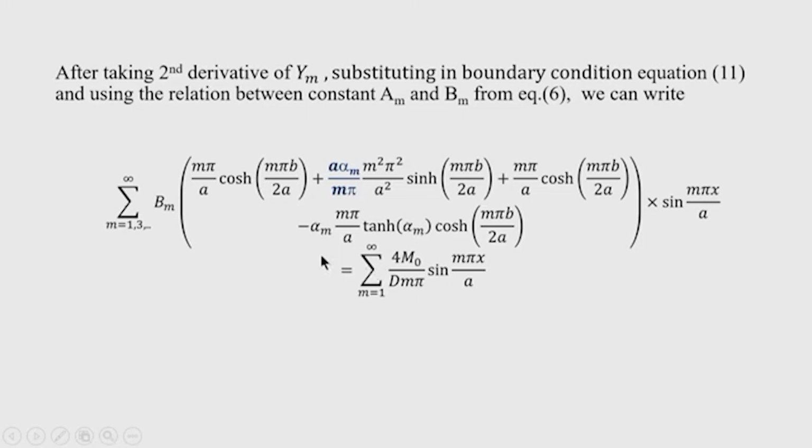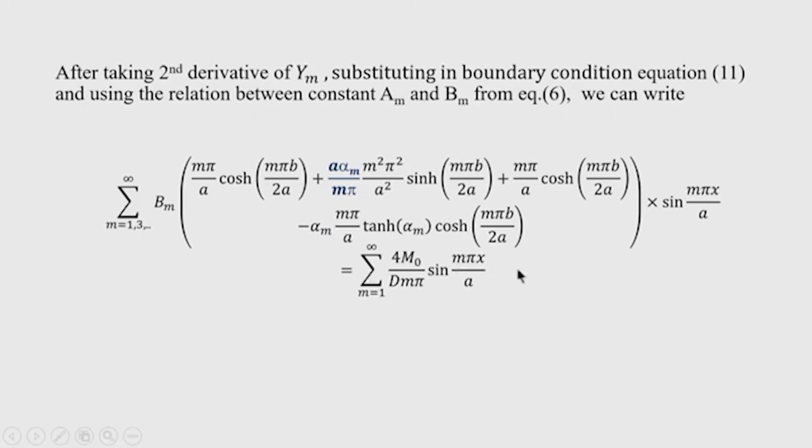Okay. Now, our intention is to find the value of b m. When you find b m, you can easily find the other constant a m. So, how is it found? You can see this is a series. When m is equal to 1, you will get b 1 multiplied by something into sin pi x by a. When m is equal to 3, you will get b 3, with this term substituted with m equal to 3, and sin 3 pi x by a, equal to the right hand side series term with m equal to 3.